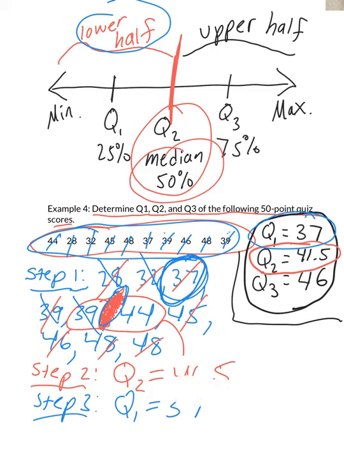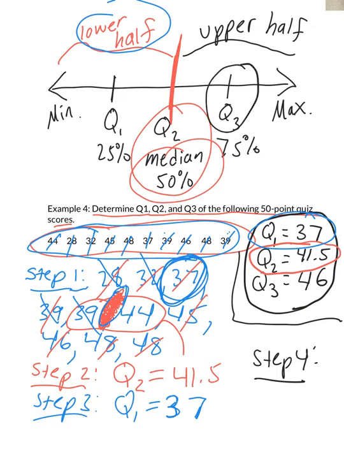I'm going to rewrite this a little bit nicer. So quartile 2 is still 41.5. Quartile 1 is 37. And finally, step 4, the only quartile left is quartile 3. To find quartile 3, you guessed it, we're going to do the median again, but now of just the upper half of the data, so everything larger than quartile 2.